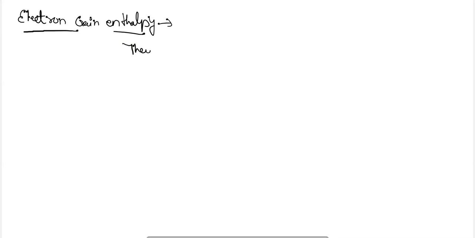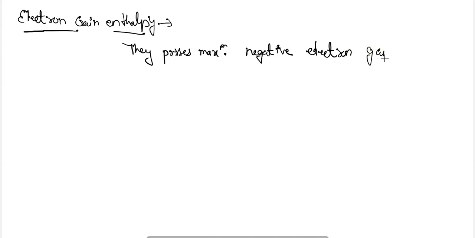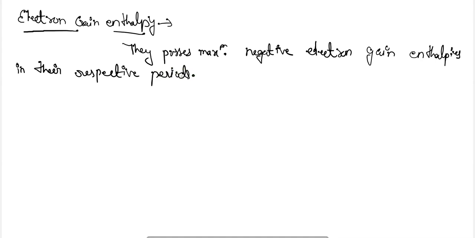It means they can easily add one electron in comparison to the other elements present in their respective periods.